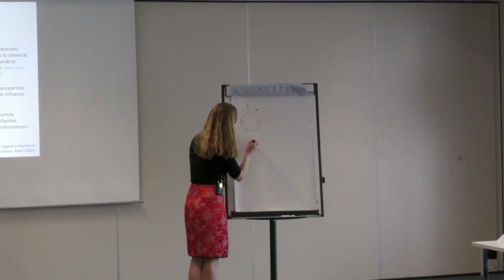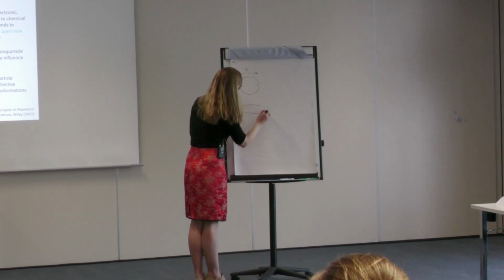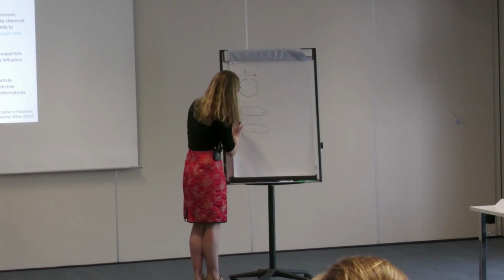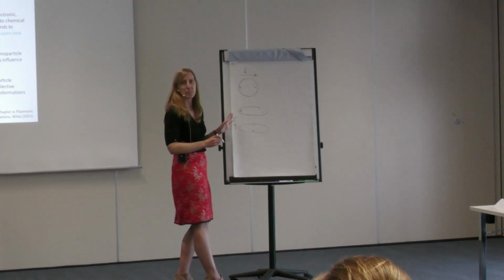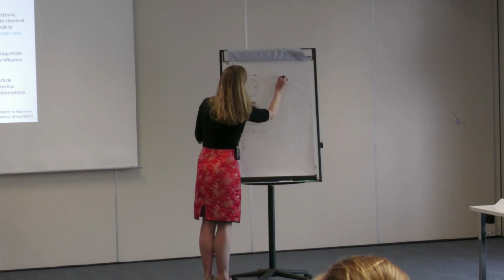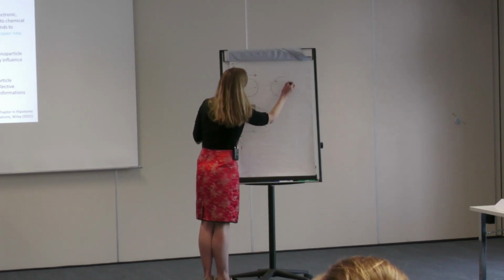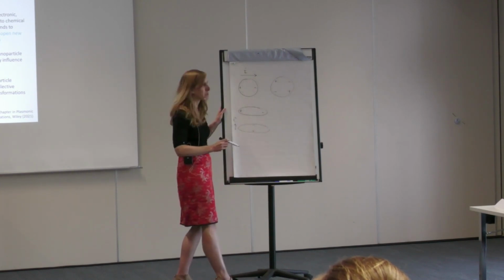You can also, I was talking about the nanorod before, you can have plus, minus, or you can also have plus, minus, right? If your electric field is polarized along the vertical direction. And then you can also have higher order modes, like a quadrupolar mode, so like a plus, minus, that's a quadrupolar type mode.